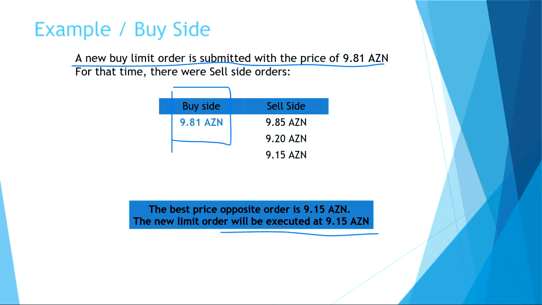Because we are ready to buy at 981, but in the market, someone is already selling at a lower price. Of course, the system executes at the lower price. Any question? Is it clear?